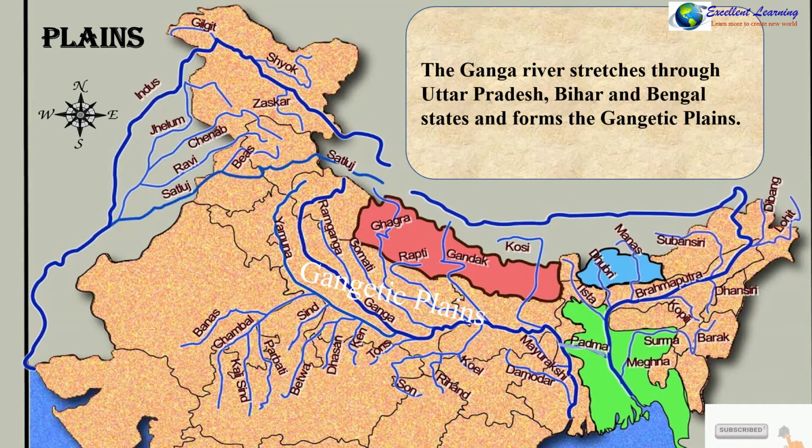Now look at this map to find the Gangetic Plains as well as the river Ganga and its tributaries. The river Yamuna is the largest tributary of the Ganga River.